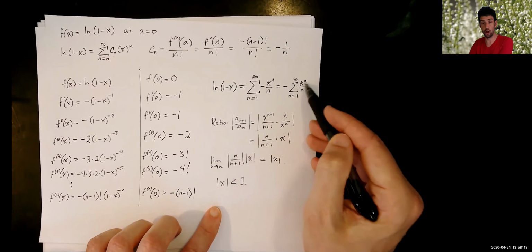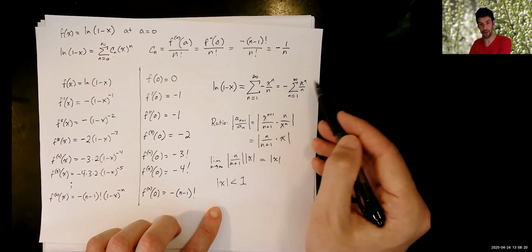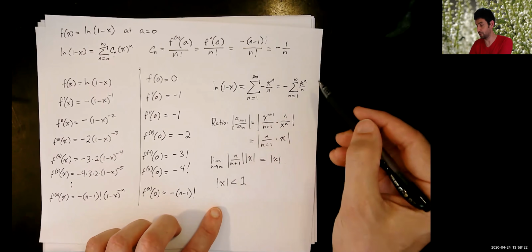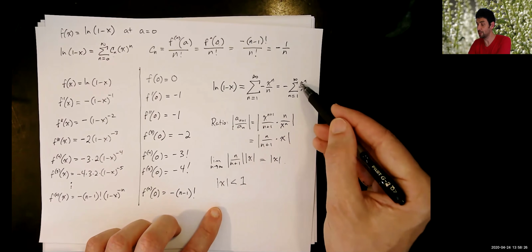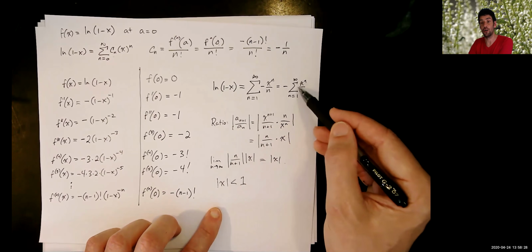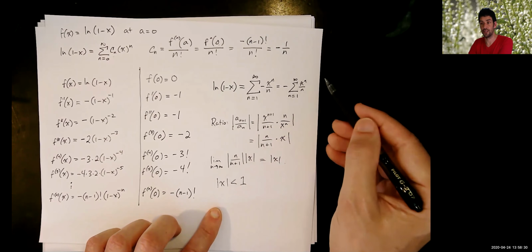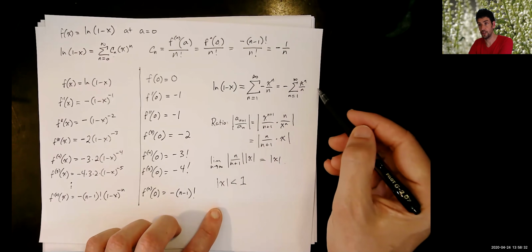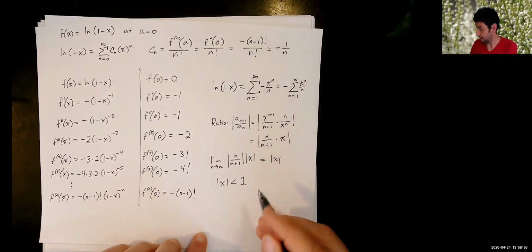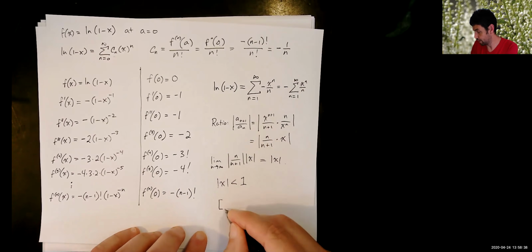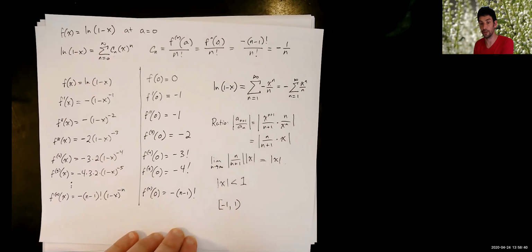When x equals 1, ignoring the negative out front, but that doesn't change whether or not the series converges, this is the harmonic series, which diverges. But when x equals -1, it's the alternating harmonic series, which converges. And so I can write the interval of convergence as -1 to 1.